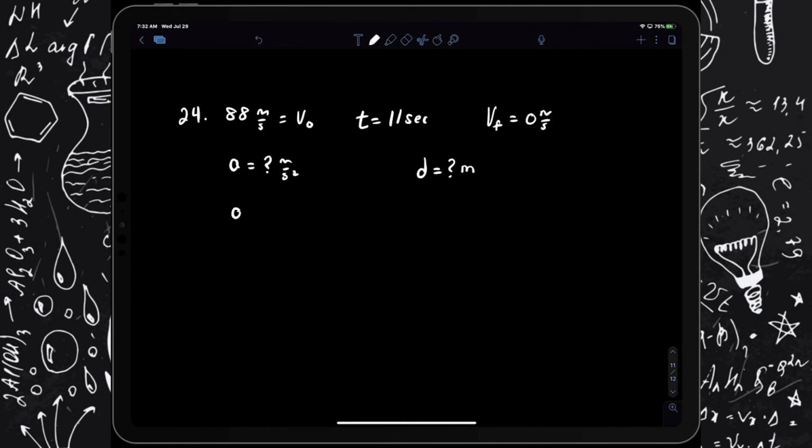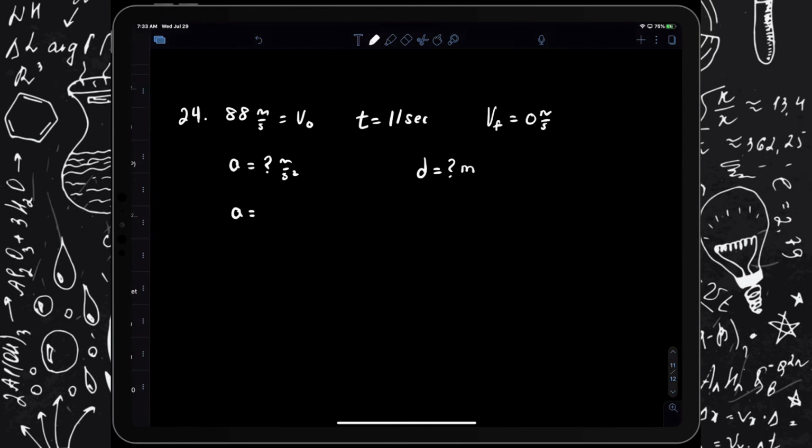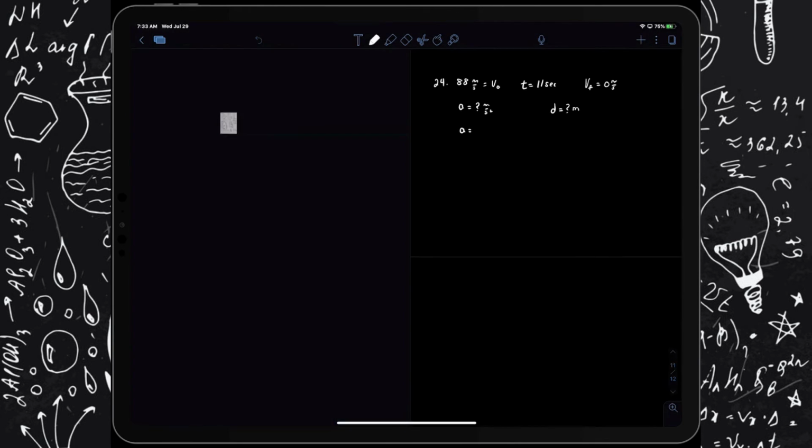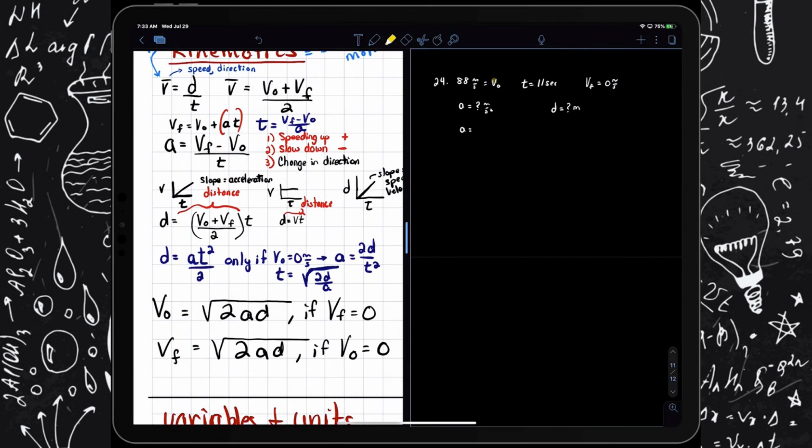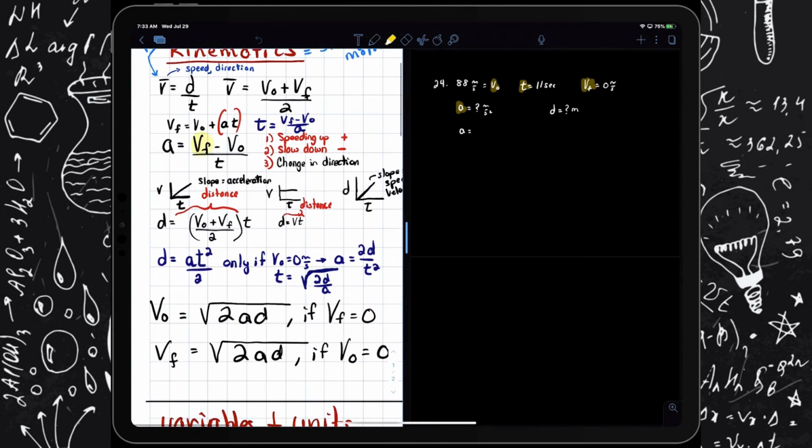We're ready to figure out a formula. Well, your formula that's going to fit with this one, you have VO, you have T, VF, and you're trying to solve for the A. Well, if we take a look at our formulas, VF, VO, T, and A, that's a perfect match. No rearranging of the equation whatsoever.